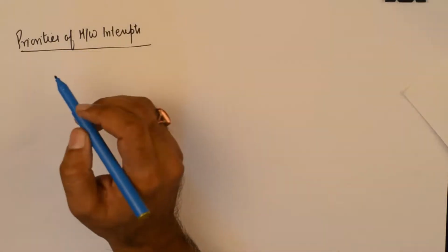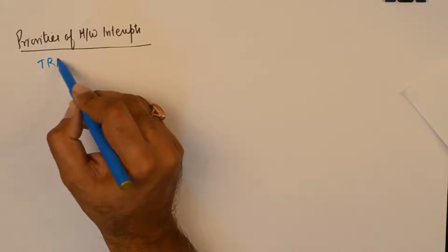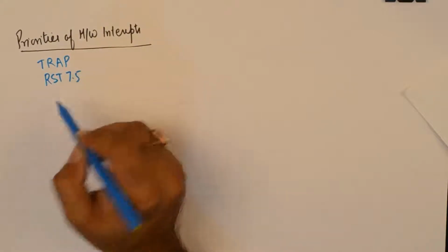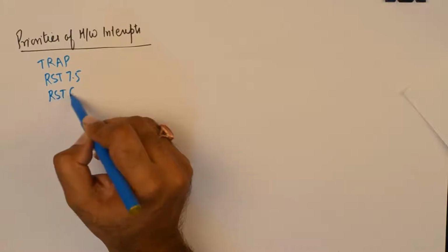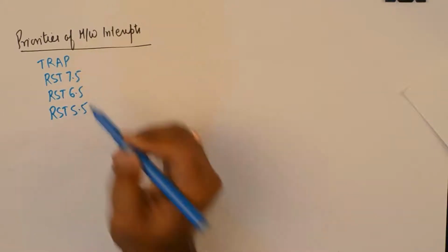So it is important to understand and know the priorities of these interrupts. I'll write down the order of the priority starting from the highest priority. Trap has the highest priority, followed by RST 7.5, RST 6.5 and RST 5.5.